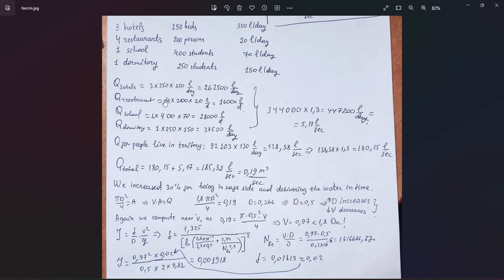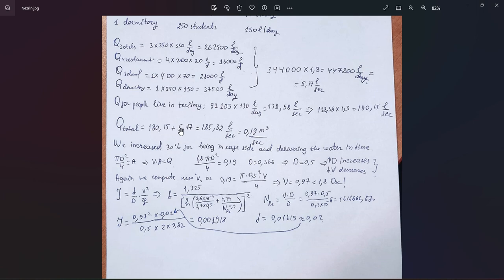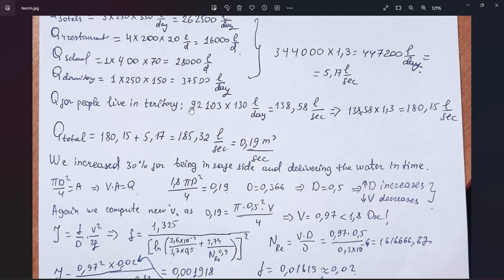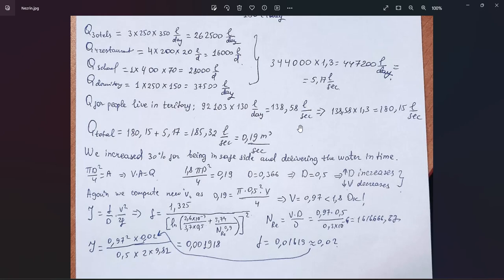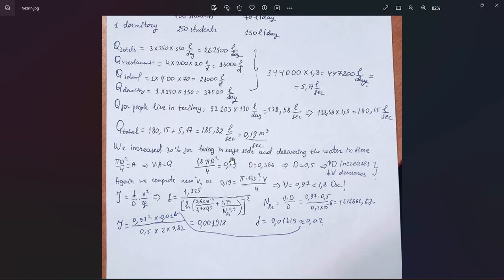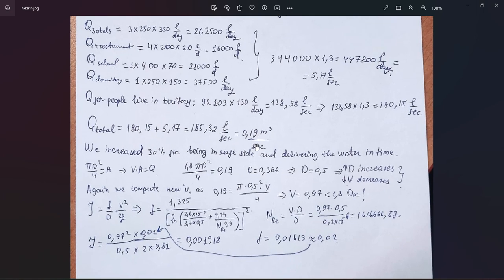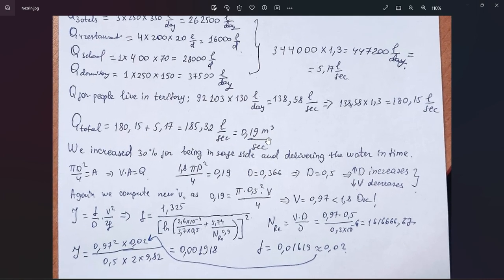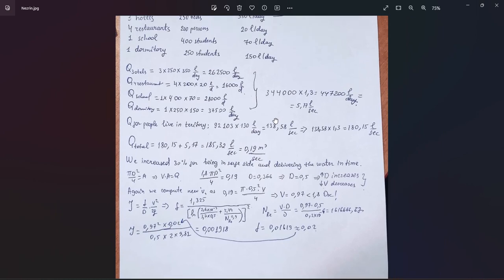I also have 92,103 people who live in our territory, and I found their discharge by multiplying by 130, and I converted to liters per second, and finally for calculation I must convert all of them to cubic meters per second.